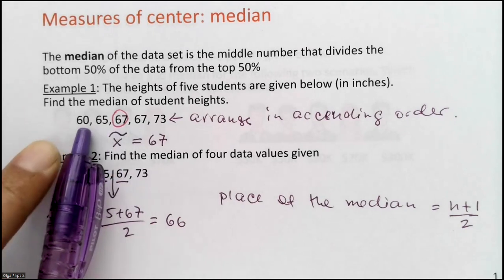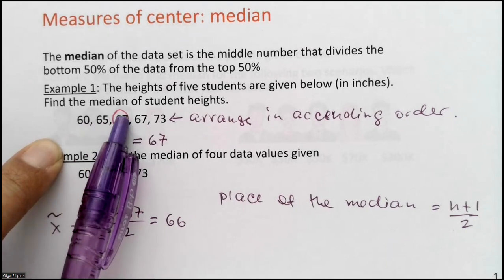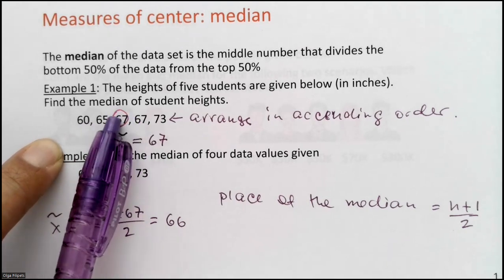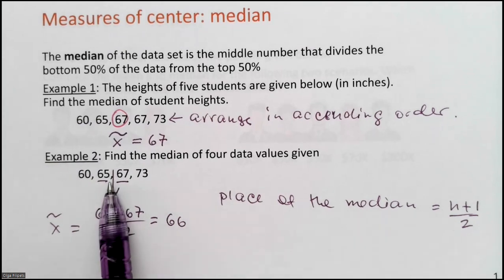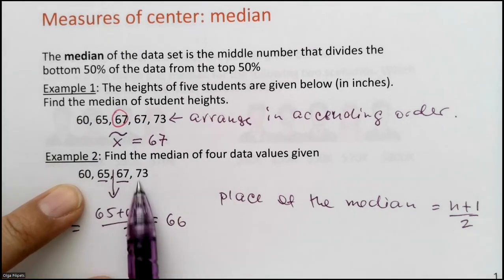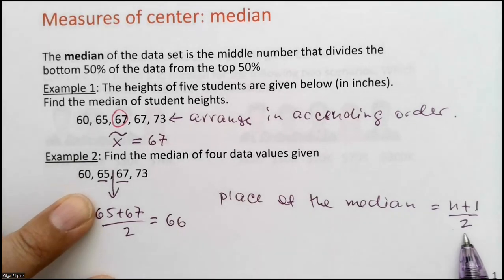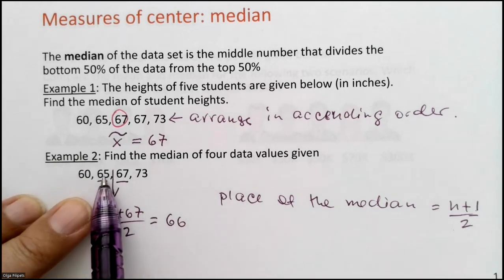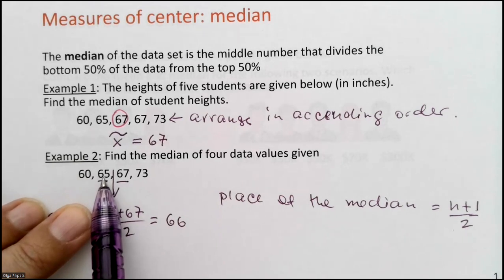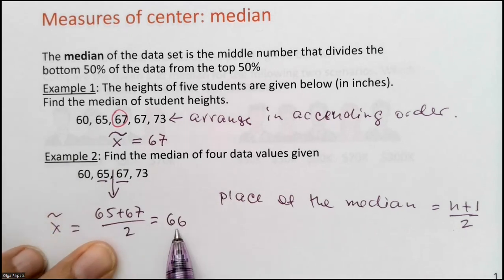So this would be data value number 3. You can count down 1, 2, 3. That's your median number. And for this data set, we have 4 values. So n plus 1 would be 5, divided by 2 is 2.5. So 2.5 is in the middle between value 2 and value 3. And that's why we're going to average it out.